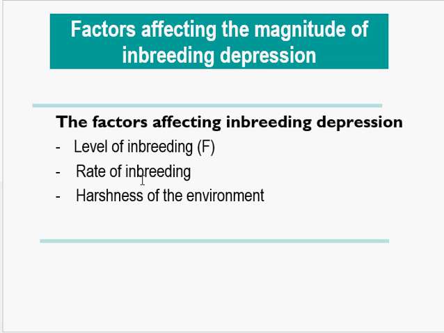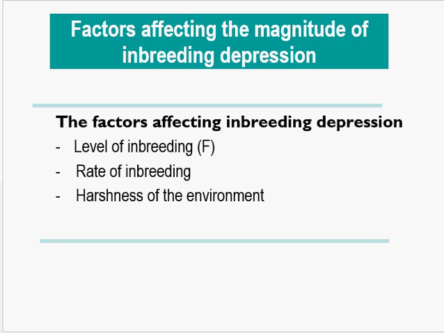The harshness of the environment can also affect inbreeding depression, because a harsh environment would mean that all offspring and all individuals must be fit to survive. If some of them have deleterious alleles, then they are not going to survive a harsh environment as much, so they're more likely to die.